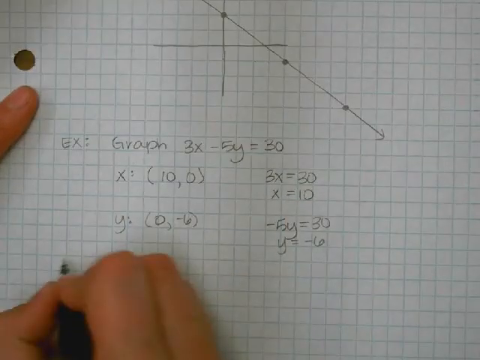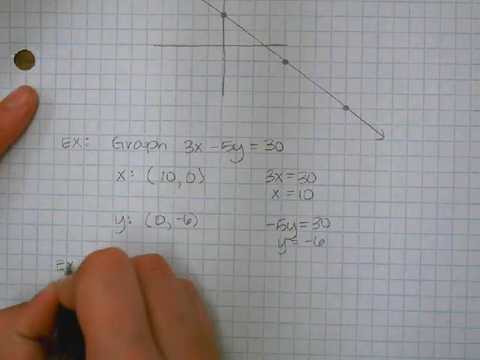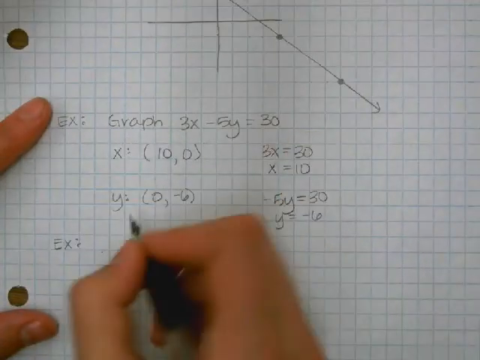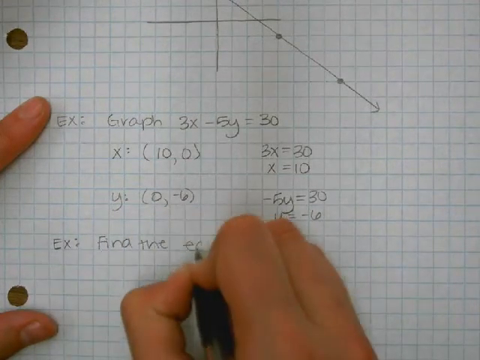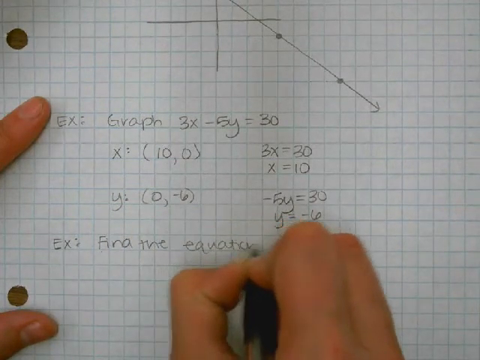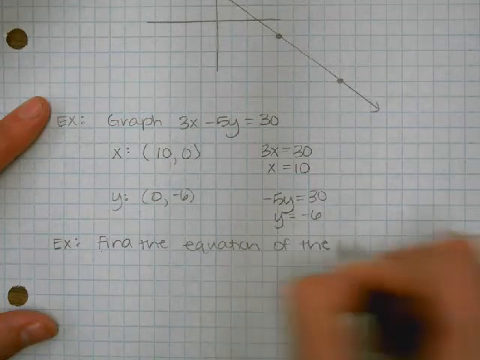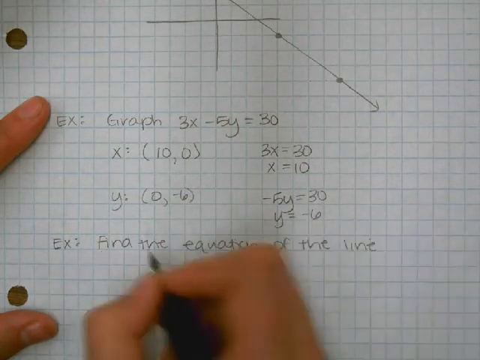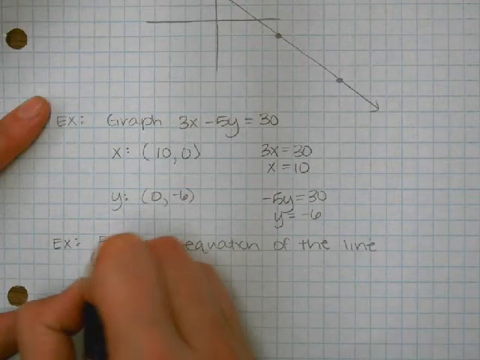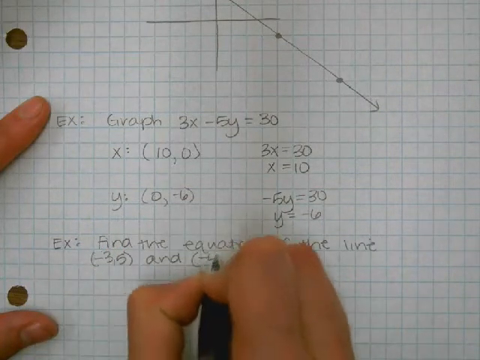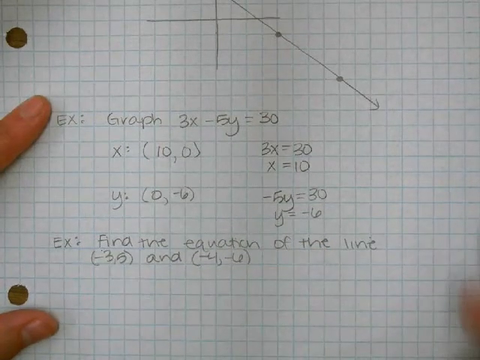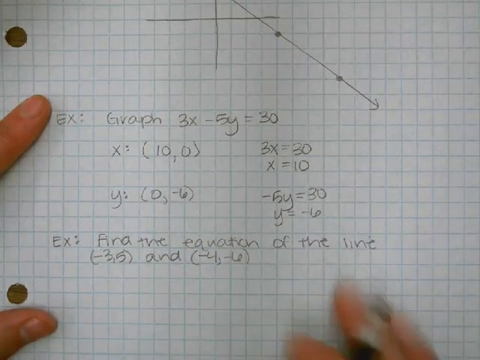All right, the next example is to find the equation of the line that has the points negative 3, 5, and negative 4, negative 6. So find the equation of the line that goes through those 2 points.